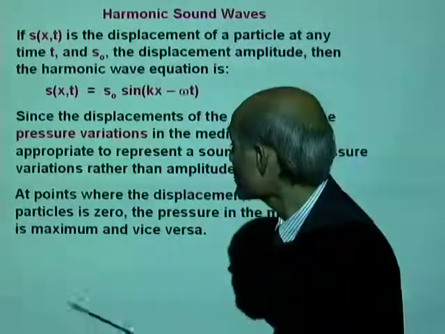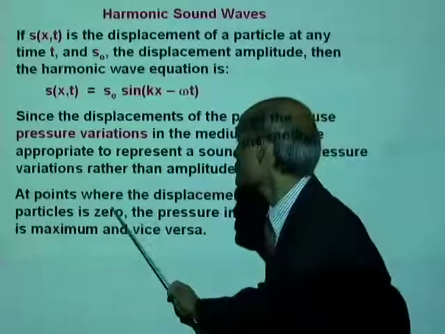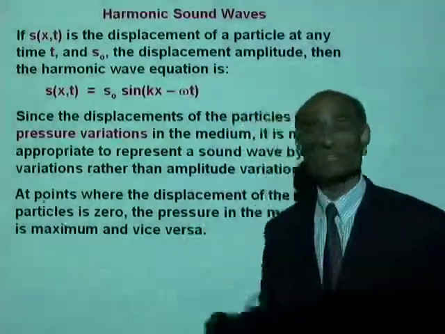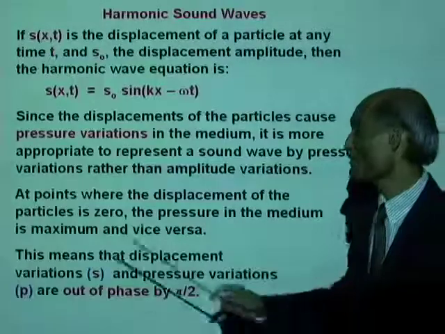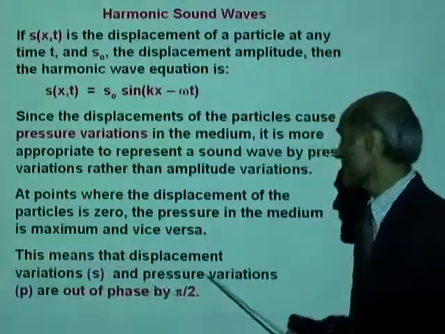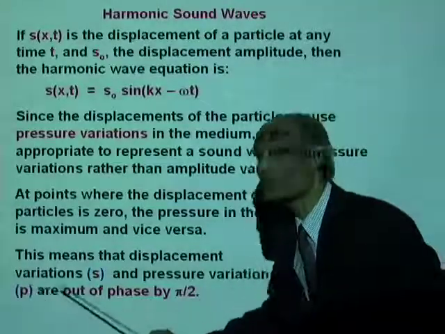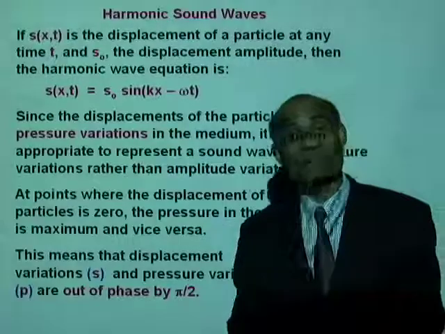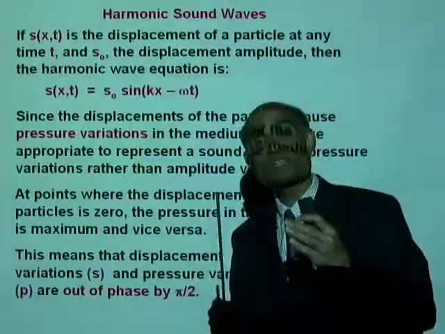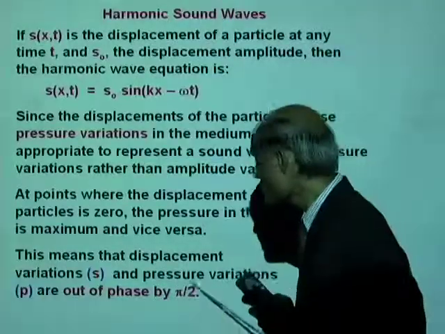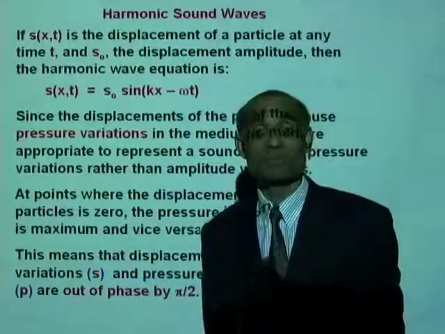So, at a point where the displacement is zero, the pressure is maximum, and vice versa. Now, this means that displacement variation s and pressure variations P are out of phase by pi by 2. So displacement and pressure are not in the same phase. There is a phase difference of pi by 2.